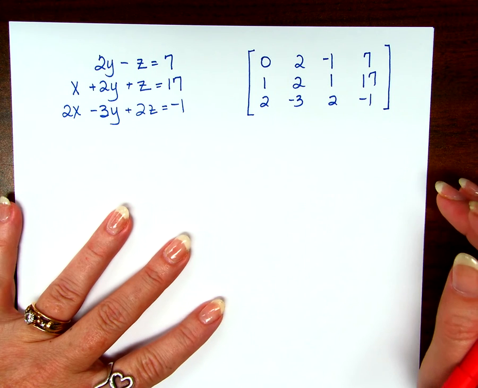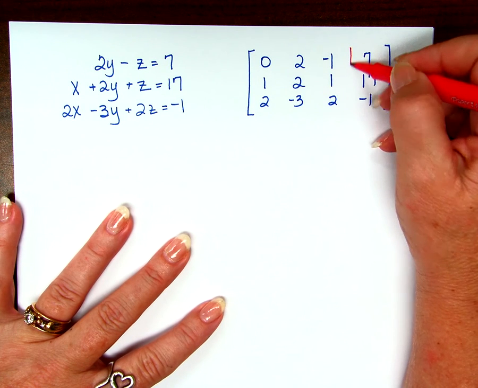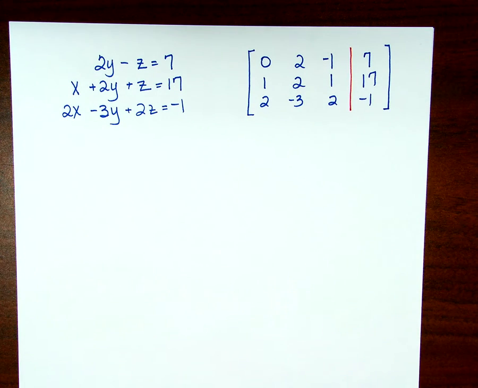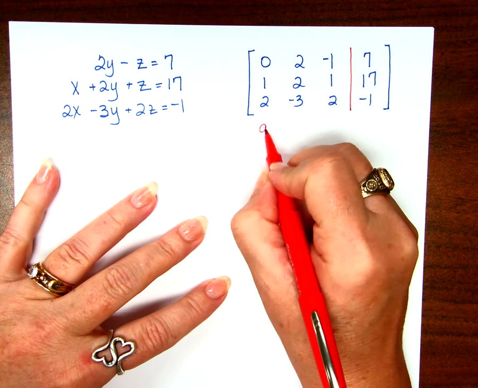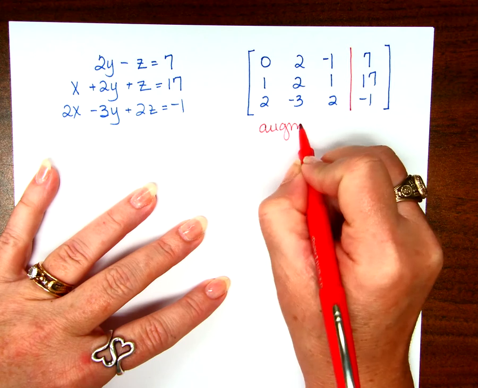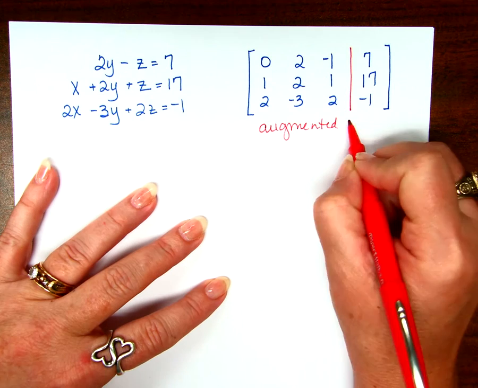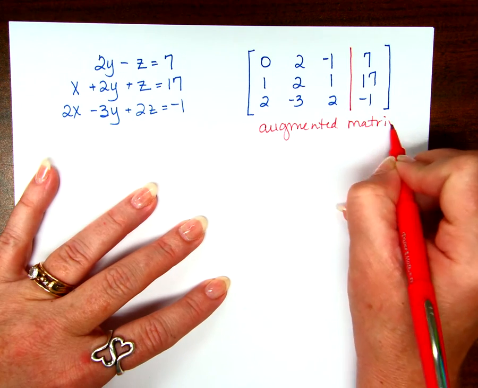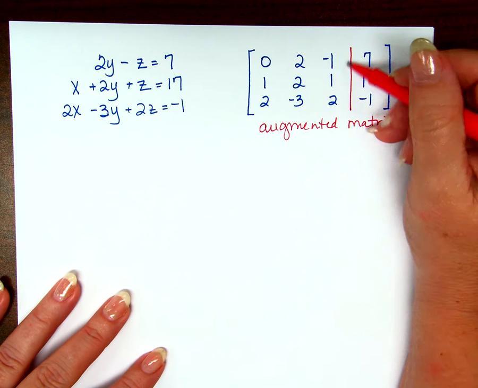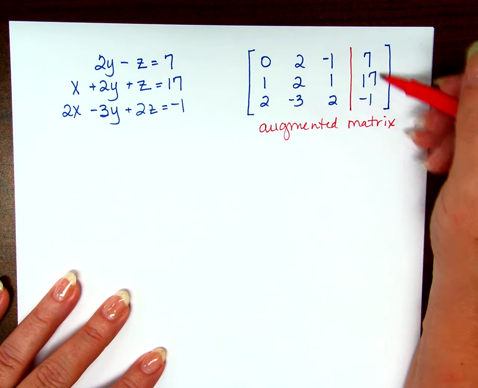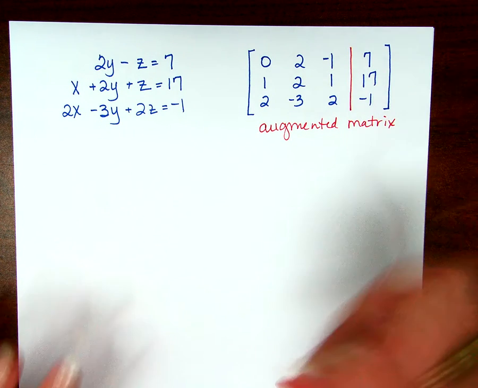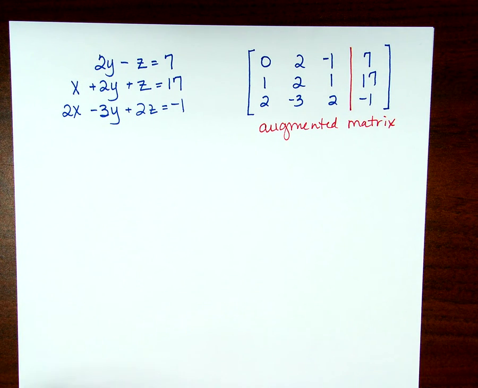You ready? Okay, done. They just put a line in between the variables and the constants. Done. Do I need to do any more examples of that?